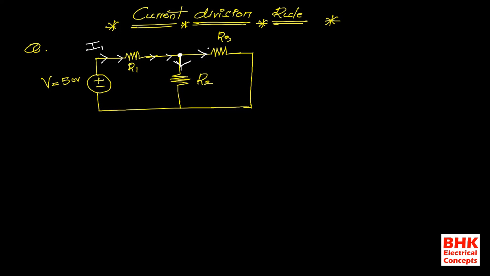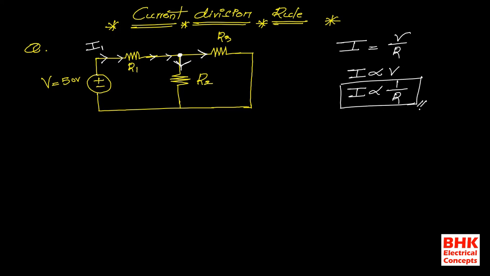The magnitude of the current flowing in each branch depends upon the value of the resistances connected in that branch, because Ohm's law gives I equals V divided by R. From this expression, current is directly proportional to voltage but inversely proportional to resistance. So with this expression we can find the current flowing in the R2 branch and the R3 branch.